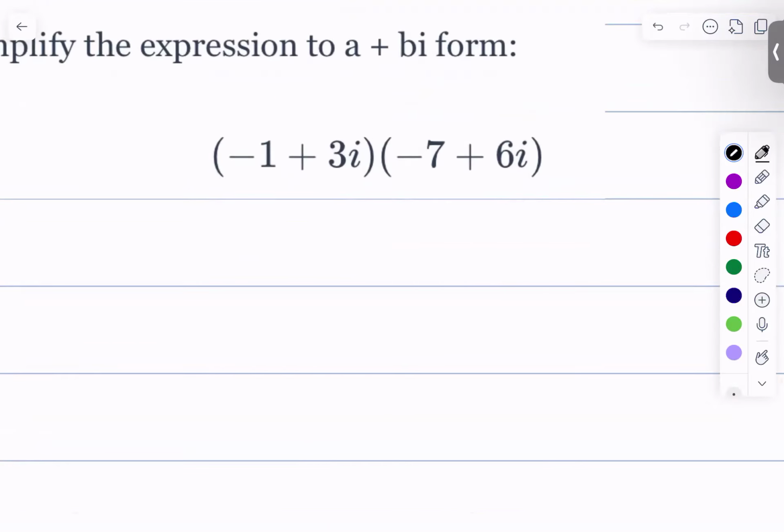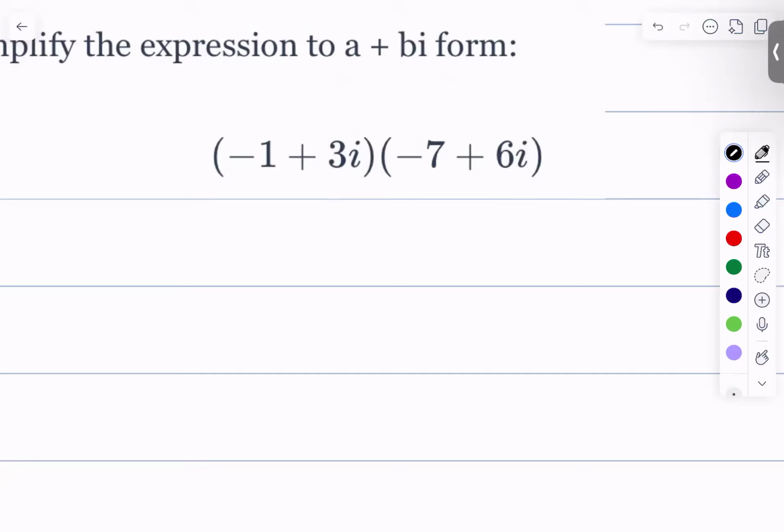Doesn't that look like two binomials? Yeah, we're multiplying binomials like in our previous module, module 8, I believe, or it might be module 6, one of the lessons there where we learned how to multiply binomials.